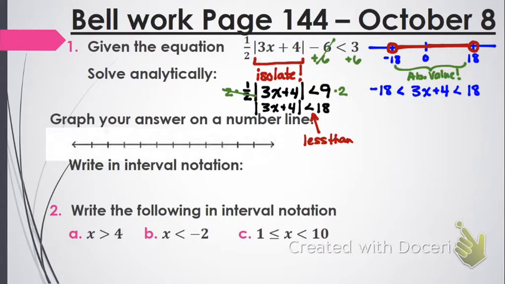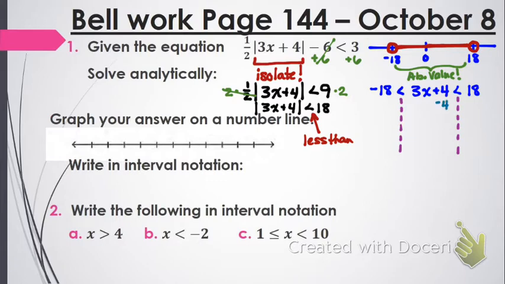This is a compound inequality, a double inequality. I solve this just like I solve regular inequalities or equations, except instead of if you do it to one side, do it to the other, we've got 2 other sides to do things to. I need to get the x all by itself. So yes, we're going to subtract 4.